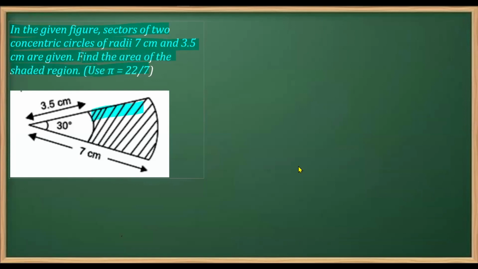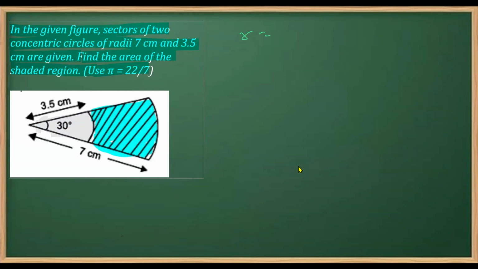It's very clear from the figure that from this whole shaded region, if we remove the area of this smaller sector, we should get the area of the shaded region.